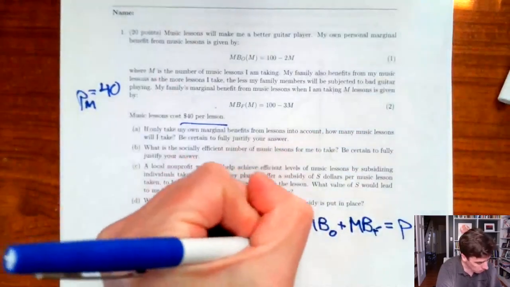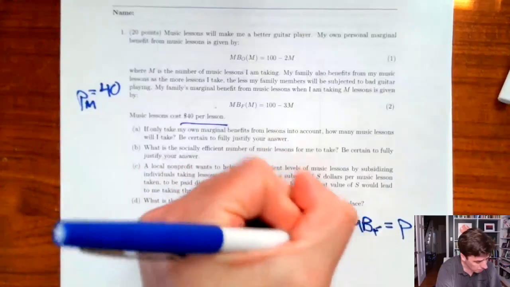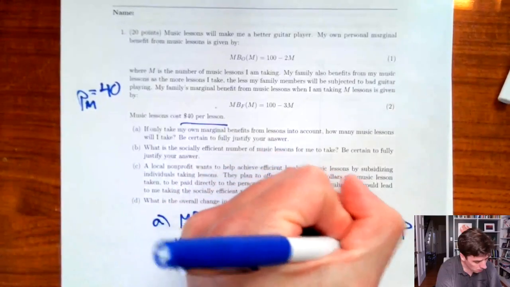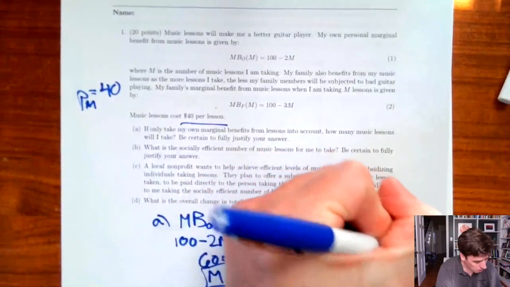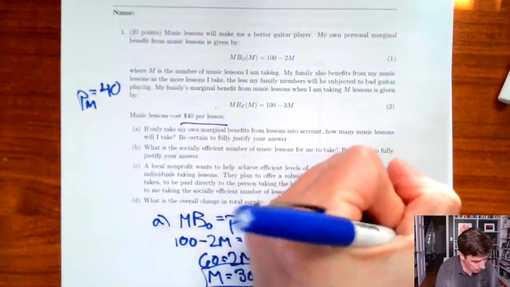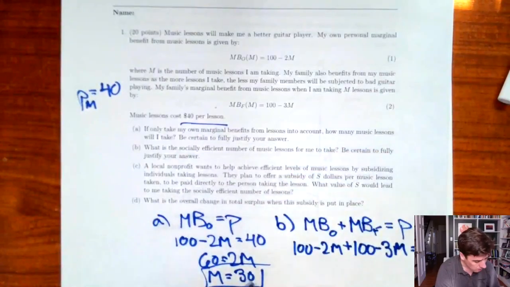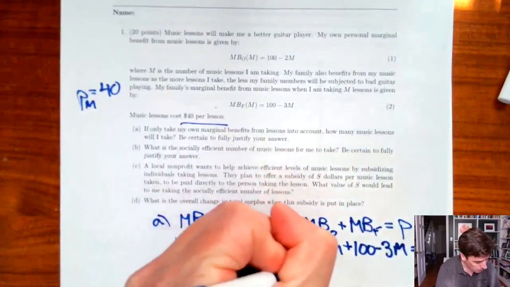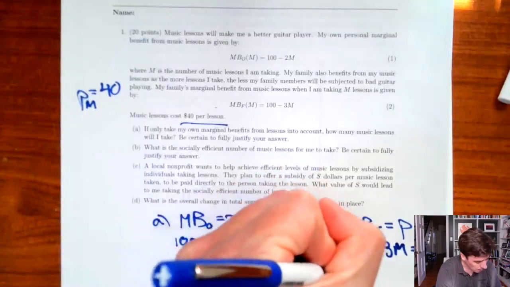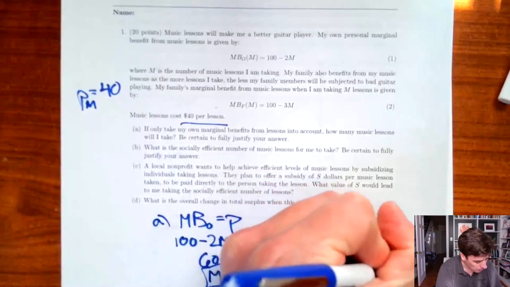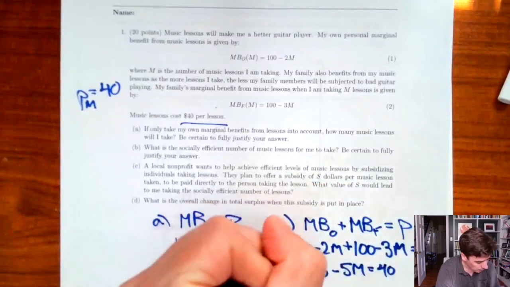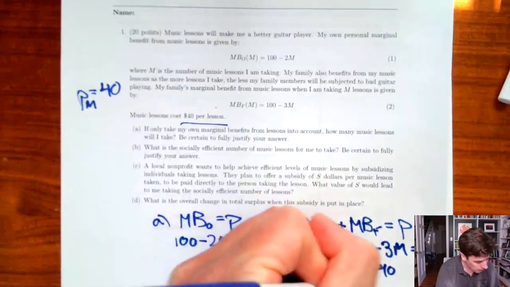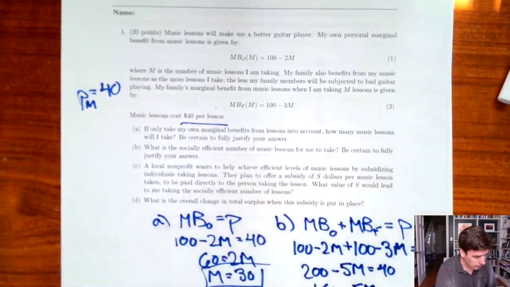That's 100 minus 2M plus 100 minus 3M, all of that equal to that same price of 40. Combining like terms gives me 200 minus 5M equals 40. Move the 40 over to the left, and it gives me 160 equal to 5M.